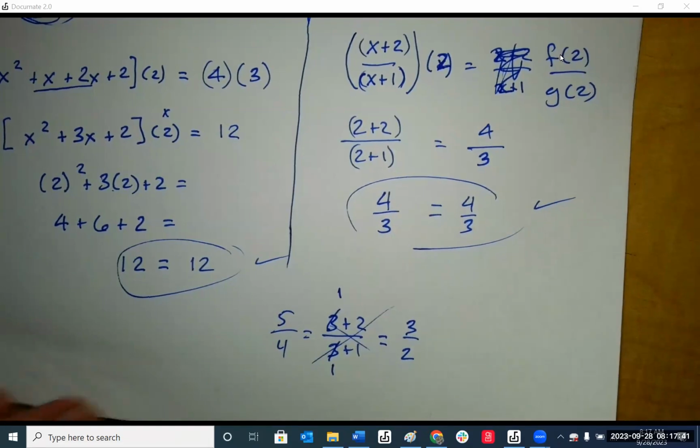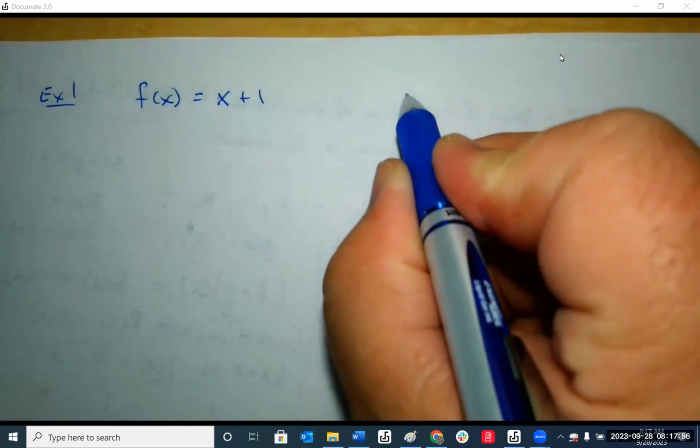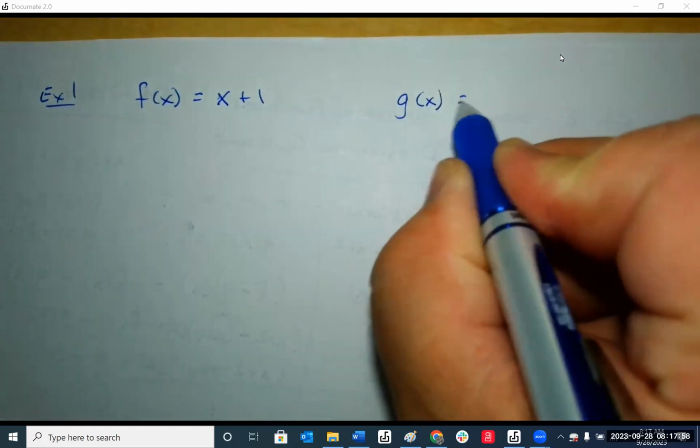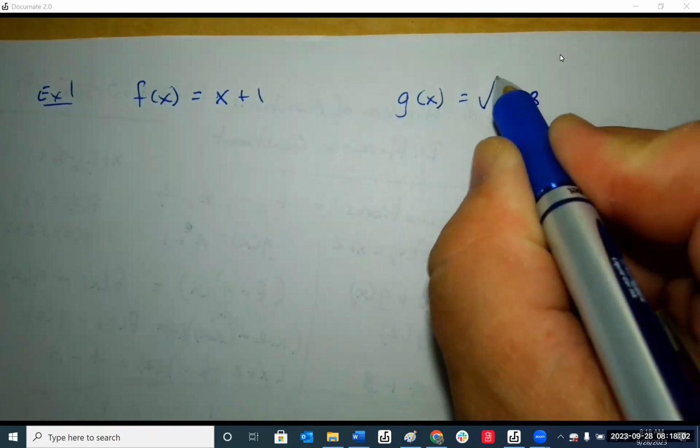Let me give you some examples here. Example 1. I'm saying that f of x is x plus 1, and g of x is the square root of x plus 3.